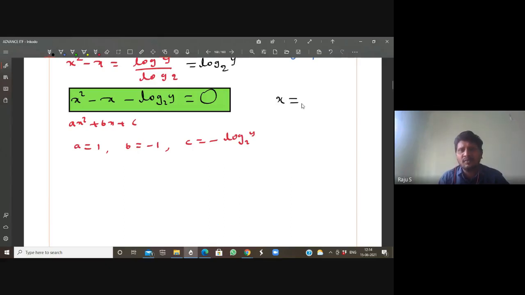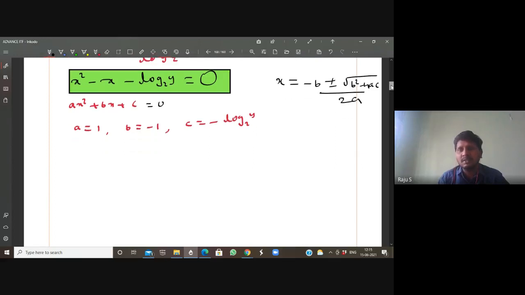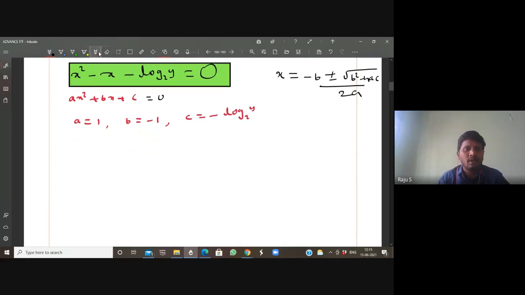What is the quadratic formula to find the solution of ax square plus bx plus c equal to 0? x equals minus b plus or minus root of b square minus 4ac, all by 2a. So you should remember this. Whether you don't know the factorization method or any other methods, you should go through this formula. Here we know the a, b, c values, substitute directly.